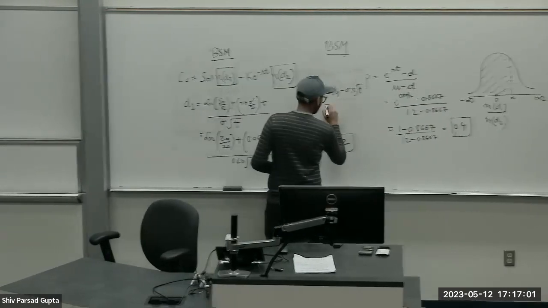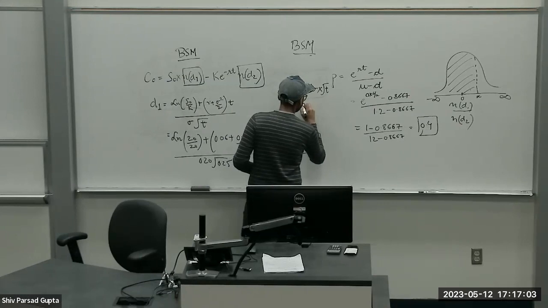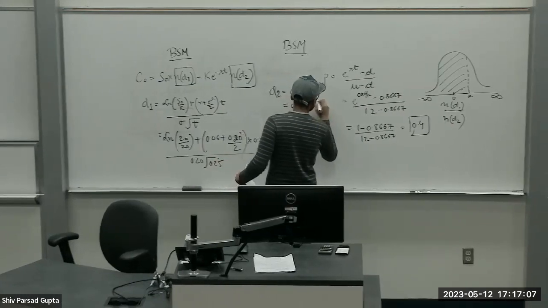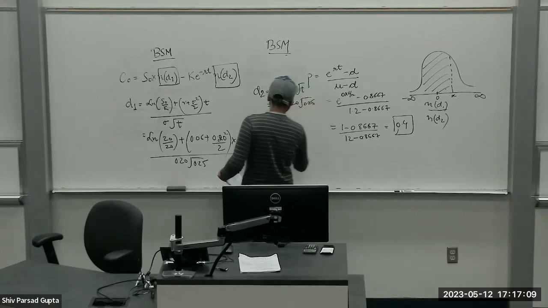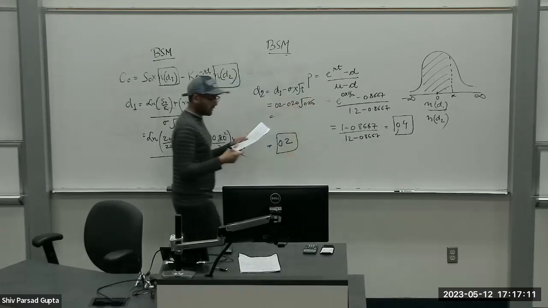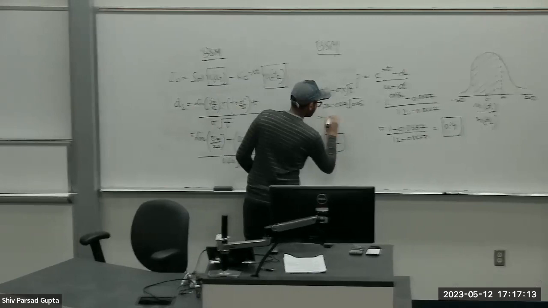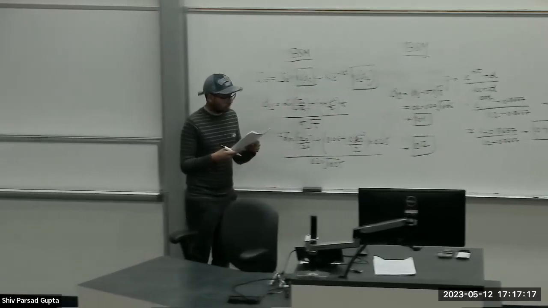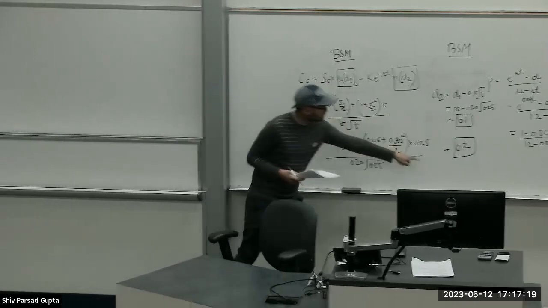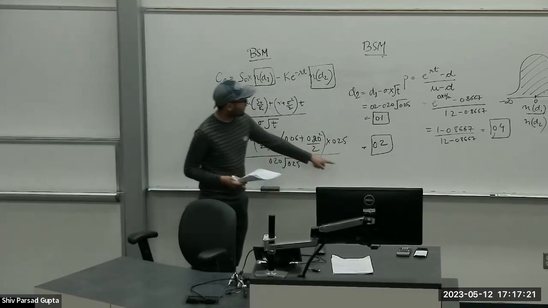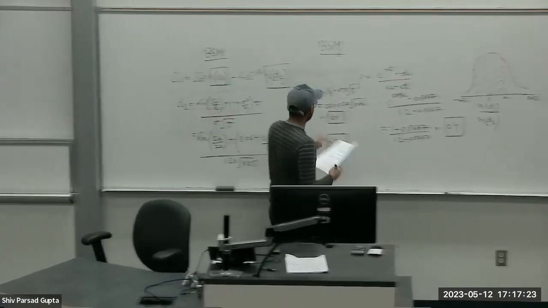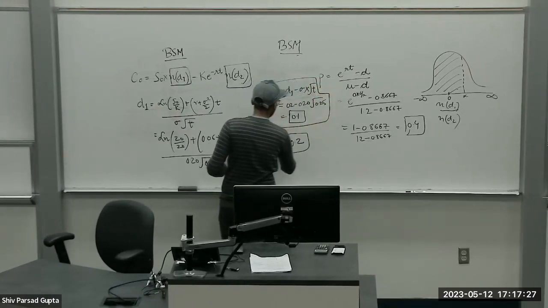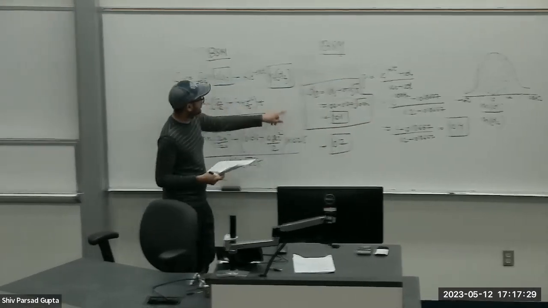So we'll compute 0.2 minus volatility 0.20 times root of time 0.25. If you calculate this, you will get 0.1. So for D1 we got 0.2, for D2 we got 0.1, and we can put these values over here.